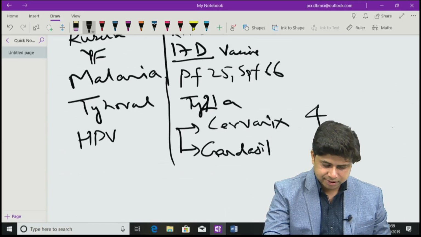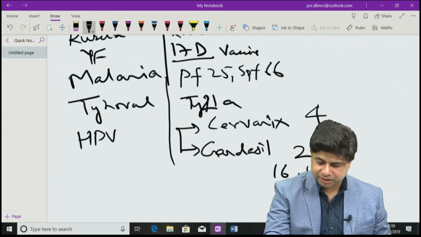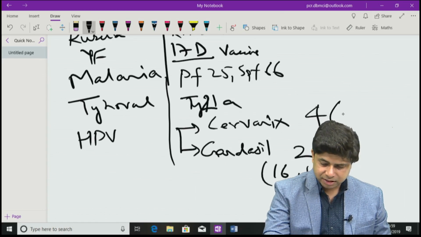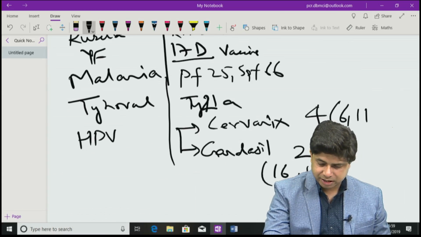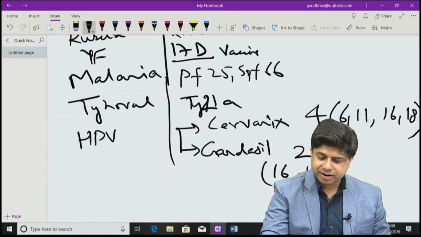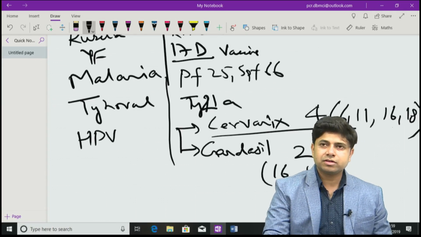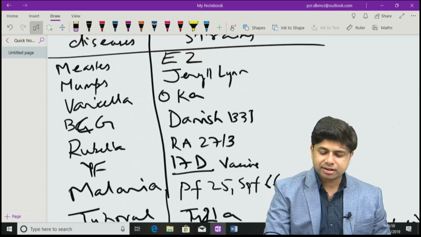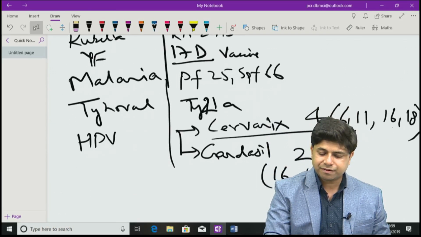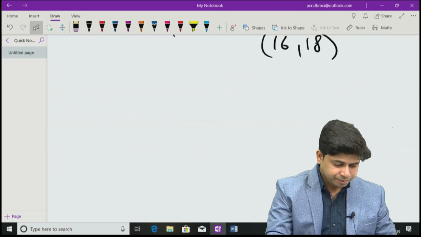Cervarix protects against HPV 16 and 18, and Gardasil has 6 and 11 in addition to 16 and 18. Again, a quick revision: measles, mumps, varicella, BCG, rubella, yellow fever, malaria, typhoid, HPV. These are the important ones.